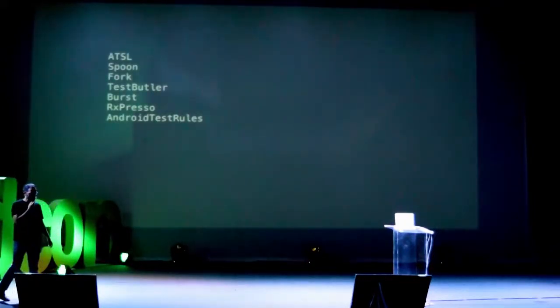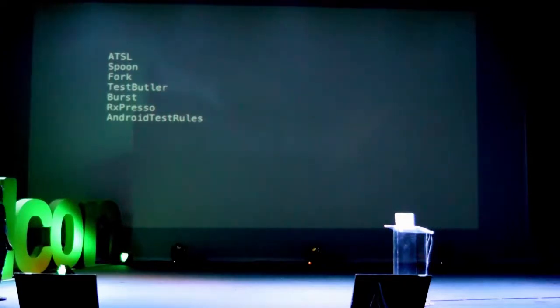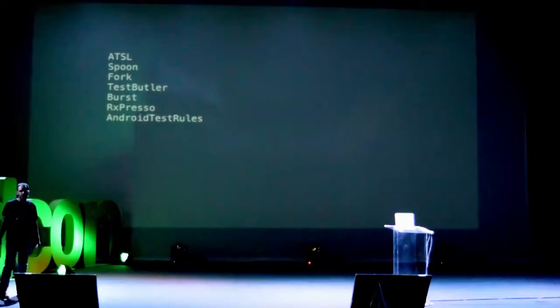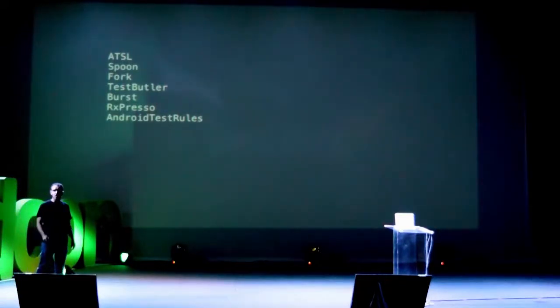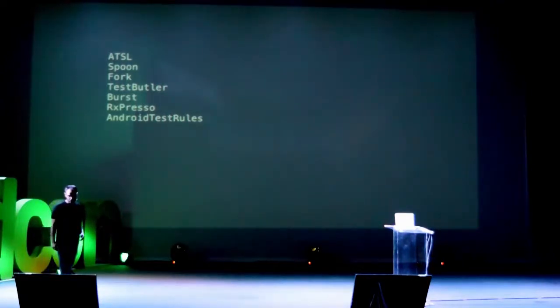Okay, and to end now, if you are interested in this kind of thing about automation and testing, here ATSL, of course, is the Android testing support library, but other implementations like Spoon, Fork, Test Butler, and Espresso, and Android test tools from Shazam, contain and add a lot of good practice on how to implement different parts of your automation testing framework.